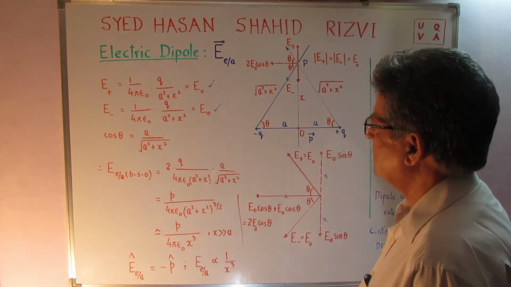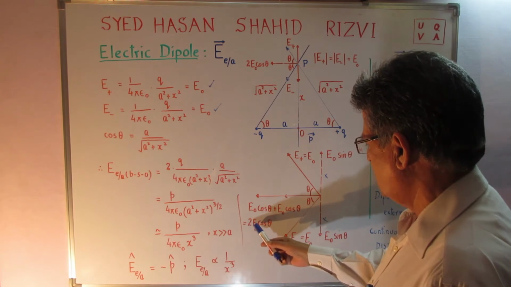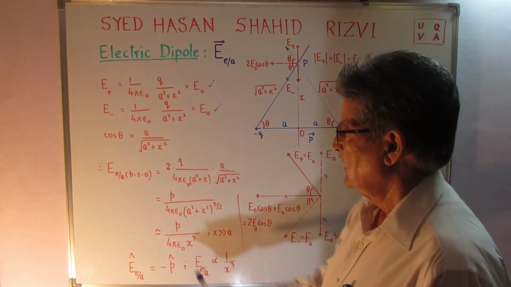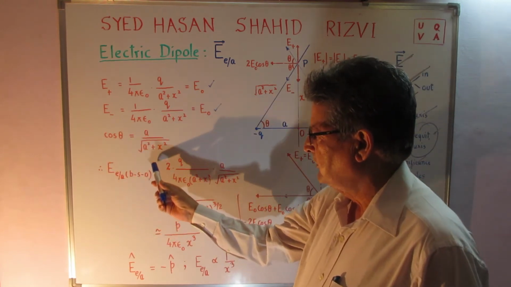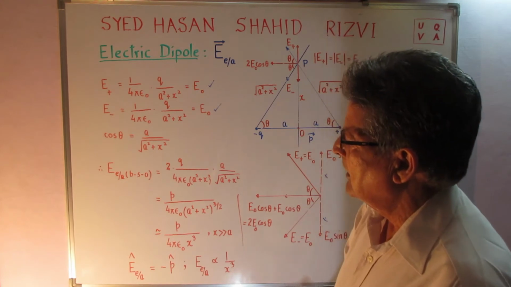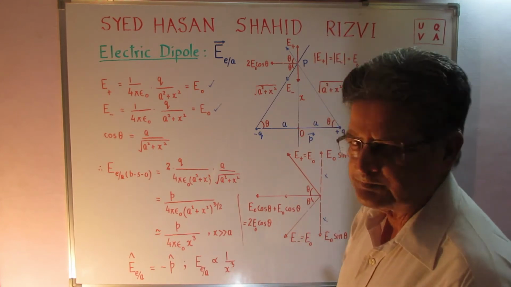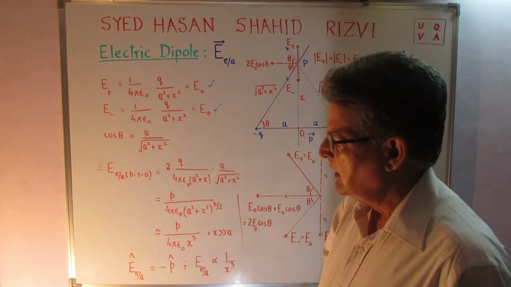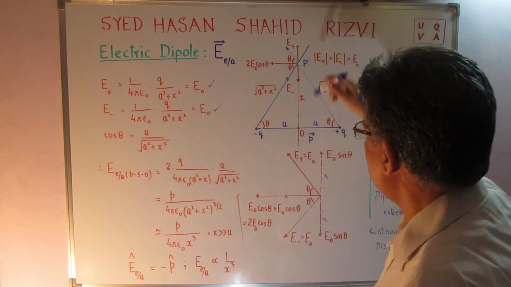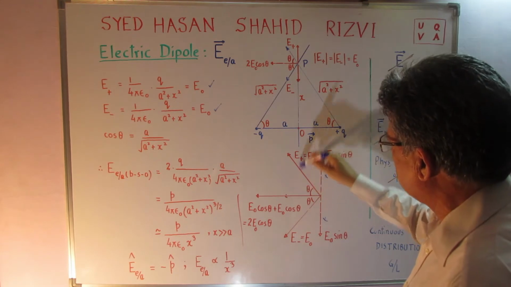So now that we get 2 E naught cos theta, let us write the value of the electric field in the equatorial axis, which is called the broadside on position. This point could be here, this point could be here.